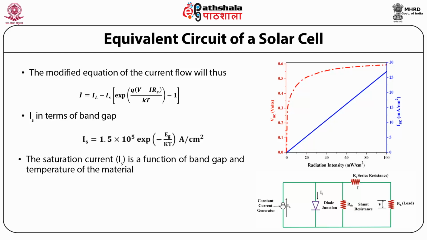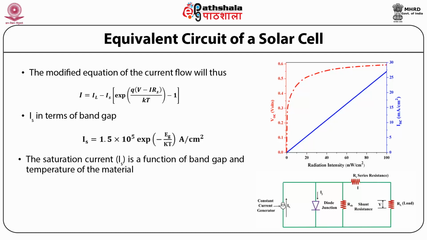So the saturation current IS is a function of the band gap and the temperature of the material. With the increase in EG, the energy band gap, and the decrease in temperature, IS decreases and VOC increases.